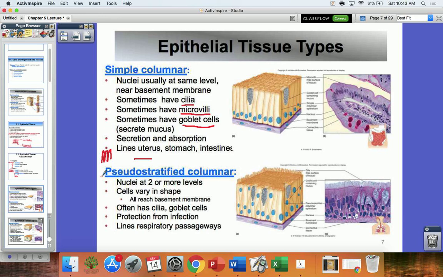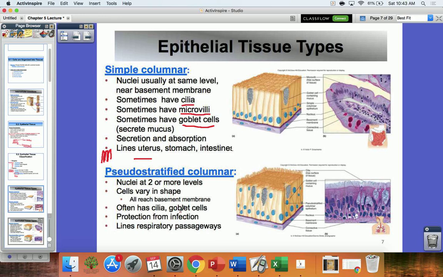It looks like it's layered because we have nuclei on all different levels. But if you were to look at each individual cell, you would notice that all of the cells terminate at the basement membrane. Because they all terminate at the basement membrane, we know that it's only one layer. It just looks like it's multiple layers because we have nuclei at different levels.